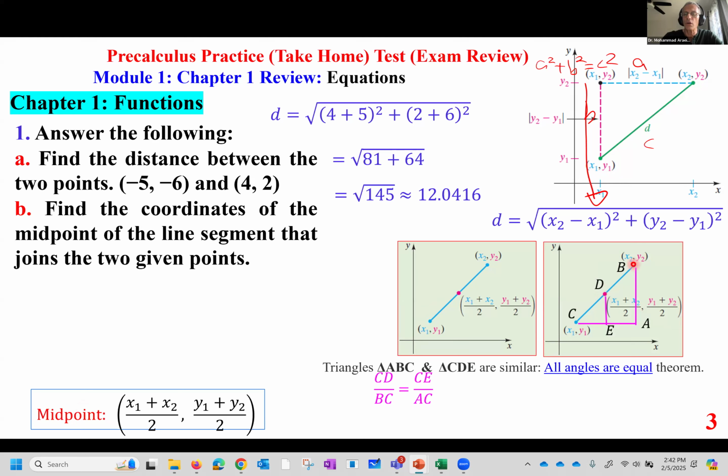So if these two are identical, the ratio of CD to BC is 1 to 2. Cross product, AC becomes 2CE. AC becomes 2CE. And therefore AE becomes equal to EC.